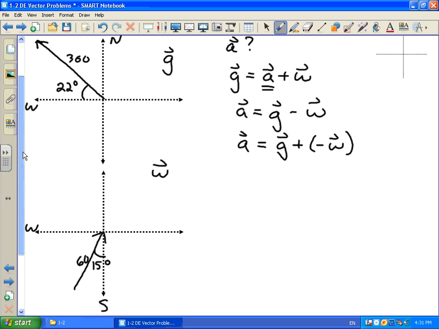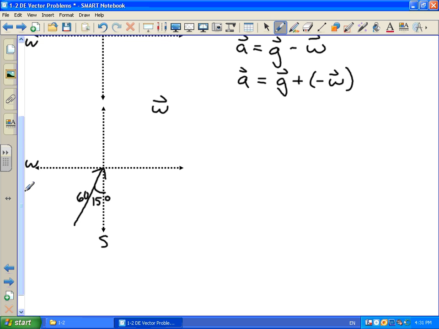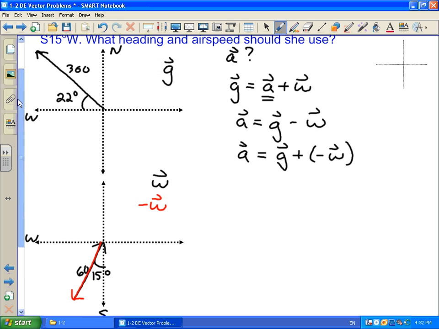that should give us our air velocity. So let's take a look at our wind velocity down here. It's pointing 15 degrees west of south. So the negative of that velocity is going to look exactly the same, except it's going to point in the opposite direction. So I'll just draw it like that over top. When we do the vector sum here, ground velocity plus the negative wind velocity, we're just going to place these two vectors tip to tail.